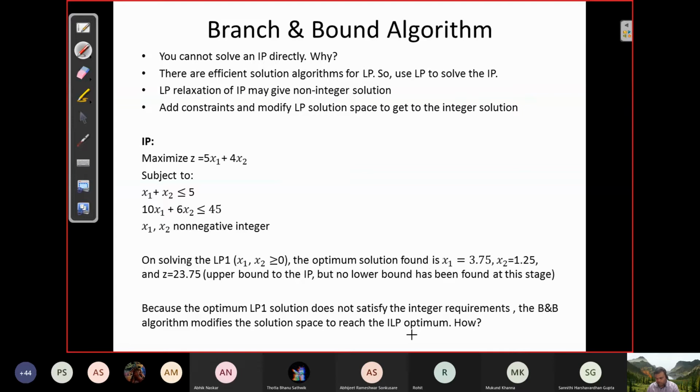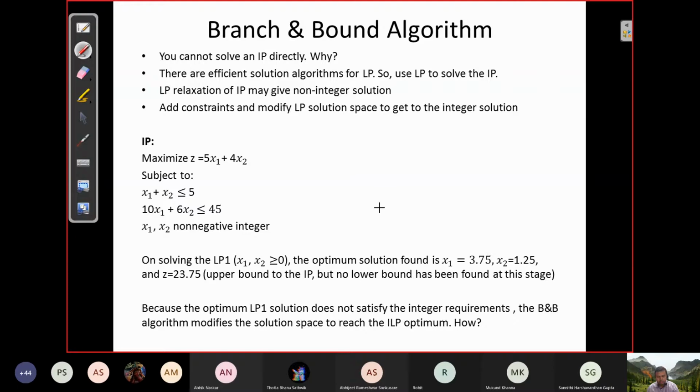Interestingly, you see that this value of z, 23.75, although it is not the optimal solution, is not even a feasible solution. This x1, x2 combination is not even a feasible solution for the integer program. However, this z value 23.75 gives an upper bound to the IP, isn't it?